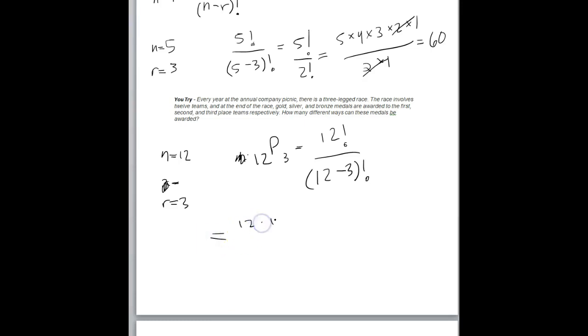So 12 times 11 times 10 times 9 times 8 times 7 times 6 times 5 times 4 times 3 times 2 times 1. But I'm just going to call that 9 factorial, because if you notice at the bottom, 12 minus 3 is 9, and then that creates a 9 factorial on the bottom that we can cancel out, and then we get just 12 times 11 times 10, which is 1320.